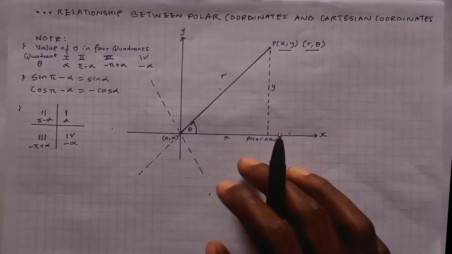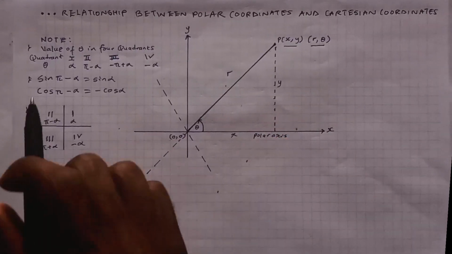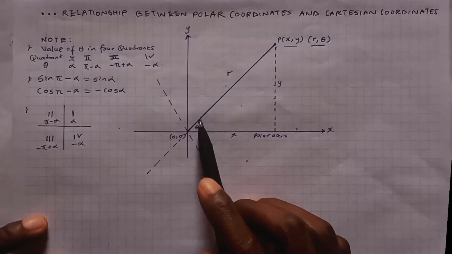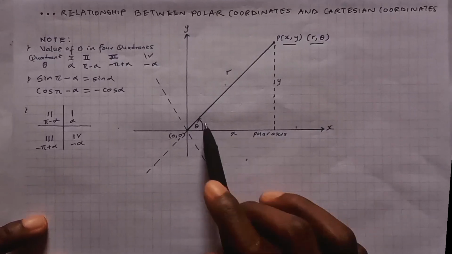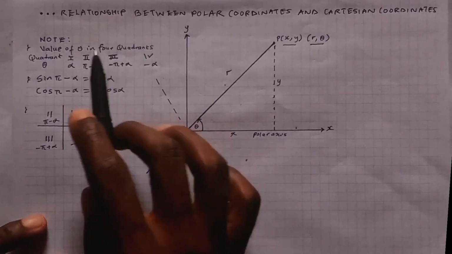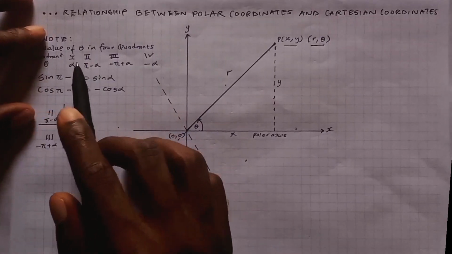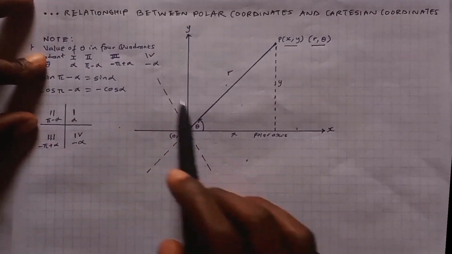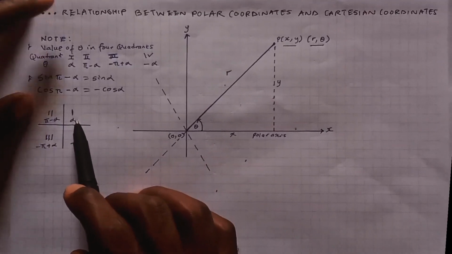From this diagram, it is worthy to note the following things. The value of theta, the angle formed drawing from the polar axis to the radius, in the four quadrants is as follows. In the first quadrant, the value of theta is alpha.